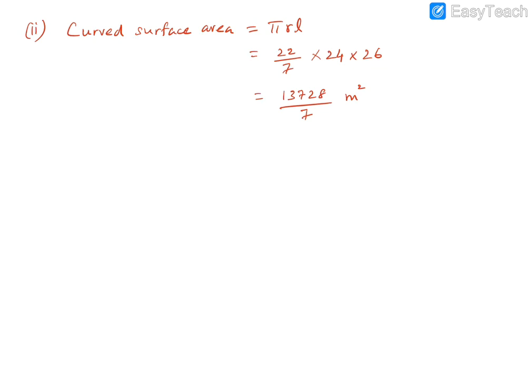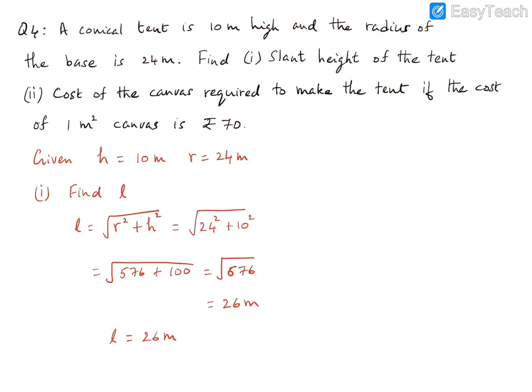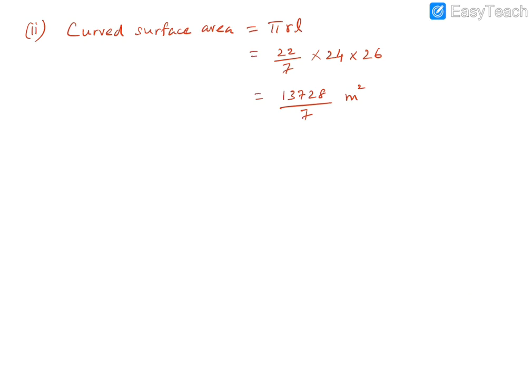So we already see that the cost per meter square is given as 70, which is a multiple of 7, so that 7 will get cancelled there. So we'll keep the curved surface area as it is in this fractional form, and then we are given that cost of canvas per meter square equals rupees 70.